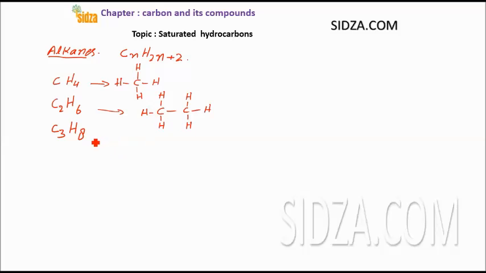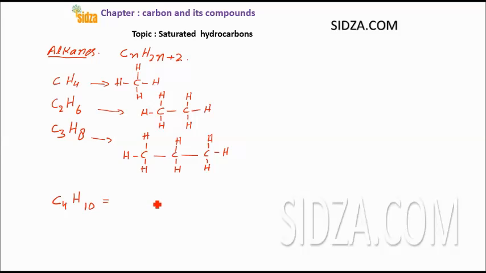Now the C3 member, 3 carbon atoms, and since this is the alkane family, there are only single bonds, and the rest of the valencies will be filled by hydrogen atoms. So hydrogens here, here and here, 2 hydrogen atoms on the central atom, 3 hydrogens on the terminal ones. C4 member: H will be 4 into 2 is 8 plus 2 is 10, C4H10.